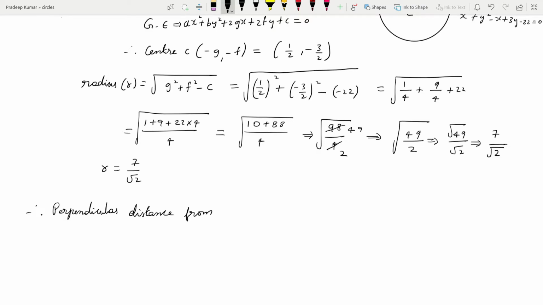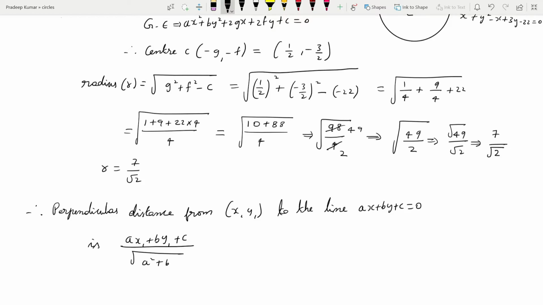from center. We'll write the center as x1, y1, and the line equation was already there with us, that is ax plus by plus c equal to 0. So that gives us the modulus of ax1 plus by1 plus c, whole by under root of a square plus b square.